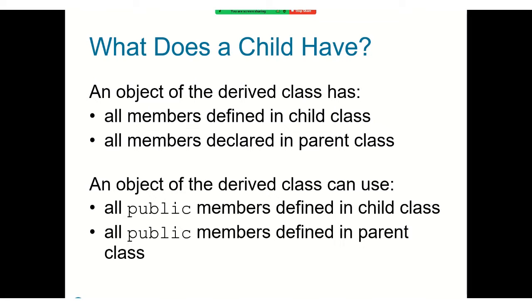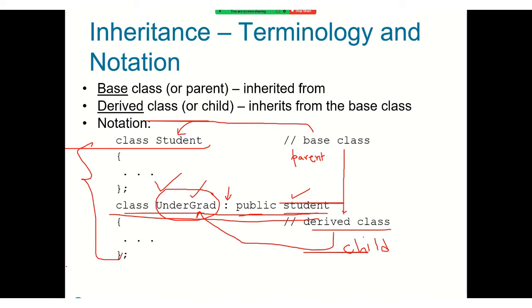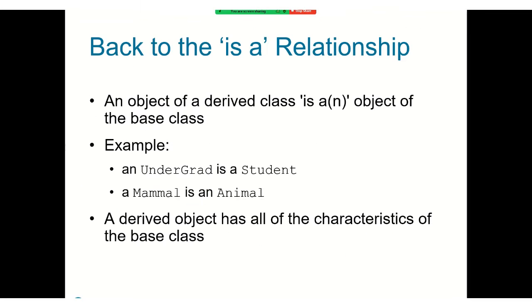Now, what does a child have? That's important. An object of the derived class has all members defined in the child class. You define a student inside the second class, and here you can define a lot of variables, so they must possess those variables.